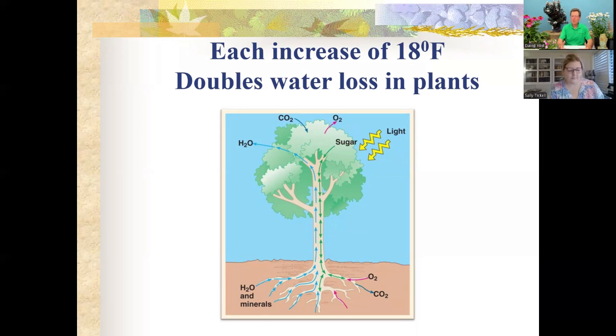So internally, and I keep saying tree, plant, generalizing it, when it starts getting out of that comfort zone, its photosynthetic rate starts to drop, the growth starts to stop, and then we progress further into more visual symptoms.